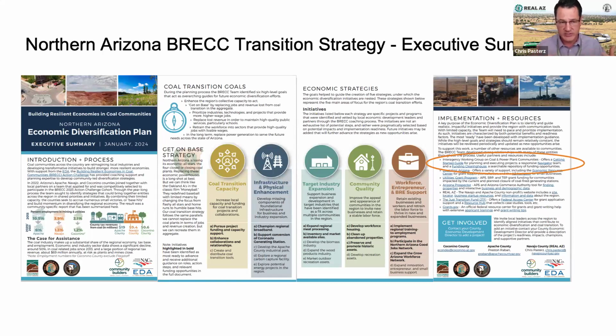So a year ago, we started on our diversification plan for these 3 counties, and what you're seeing here is an executive summary. So this is only 2 pages. I just splayed it out so you guys can see, but there's a lot of pieces in here that are exactly related to the Get Started plan.